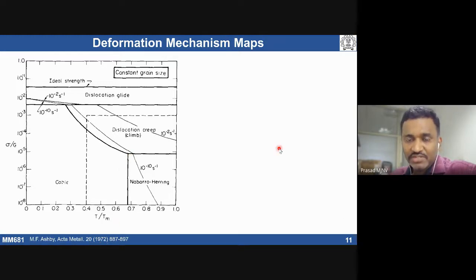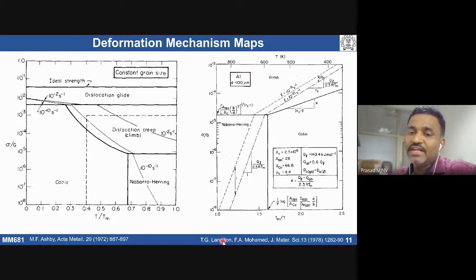Afterwards, many scientists started working on how to make it a simpler way of representing deformation mechanisms. Langdon and his group came up with a slightly different way of representing the mechanism map.